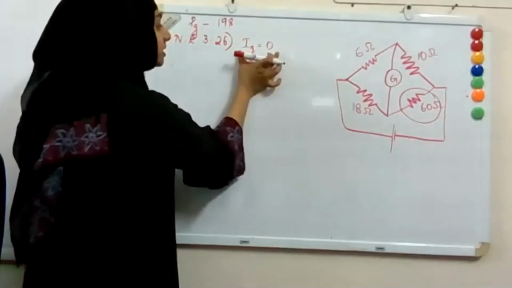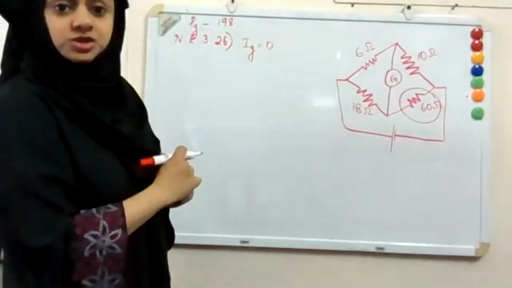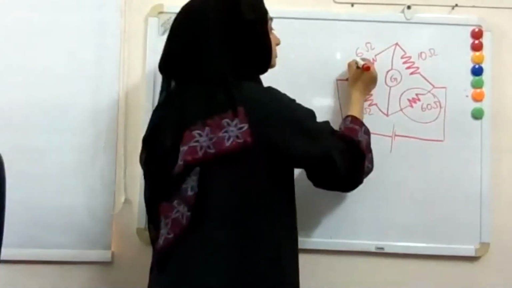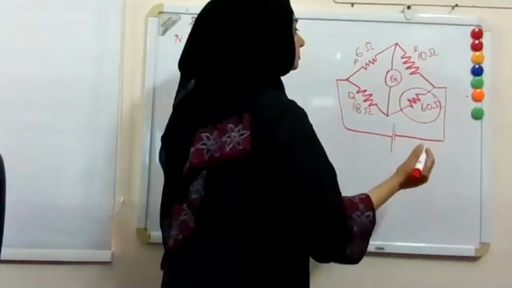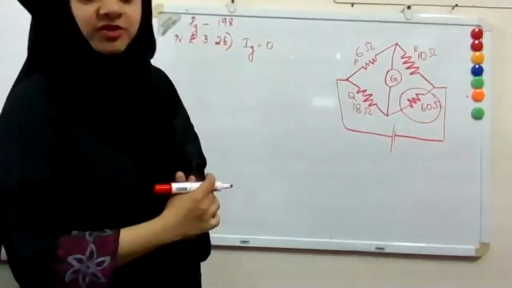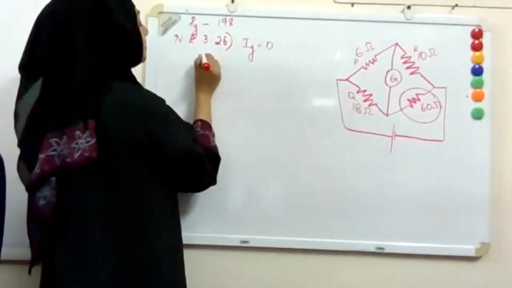So at equilibrium, if Ig is equal to 0, what is the principle of Wheatstone's bridge?